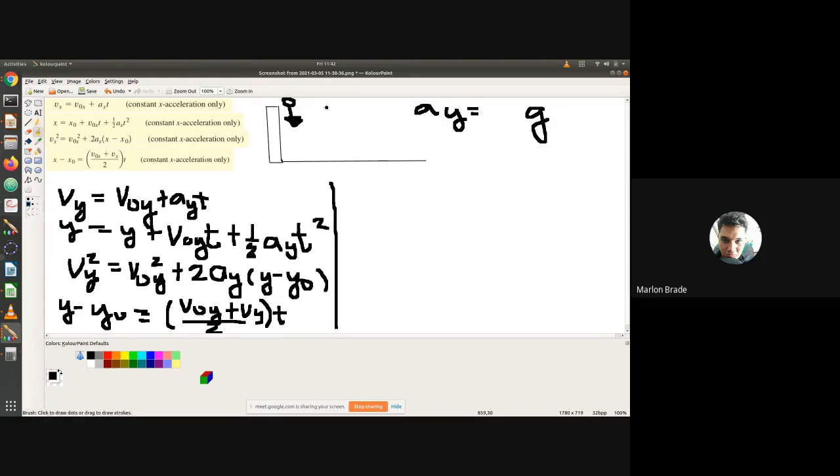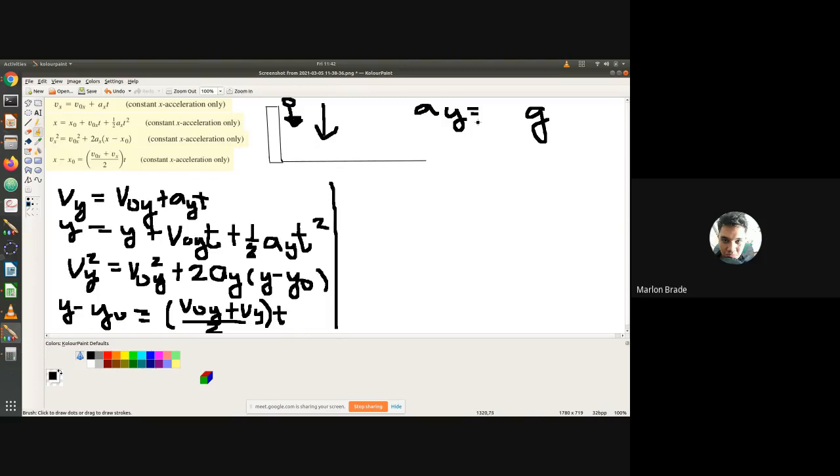But since the ball is accelerating, asa padulong ang bato? Padulong siya sa unsa ning axis? Guys, asa siya padulong? This is negative y axis, right?